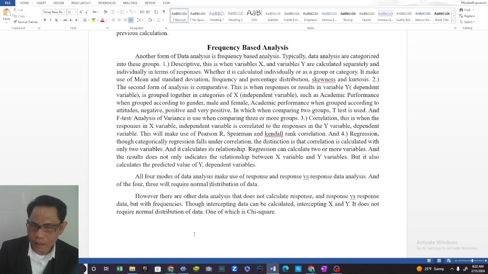All those four data analysis will be requiring response versus response analysis. But there's also data analysis that does not analyze based on response versus response, but on frequencies. One of which is chi-square.